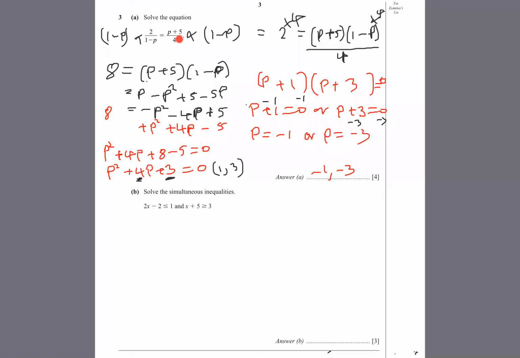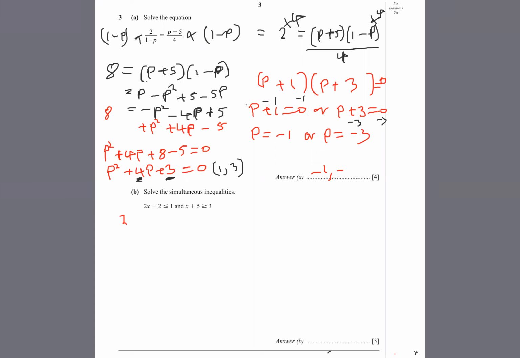To solve part B of this question, we first solve these inequalities separately. First, let us solve the one on the left. Sorry, I used black color. Maybe let me just go with the red color.